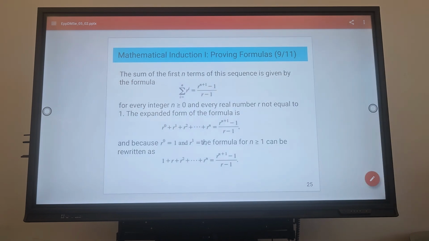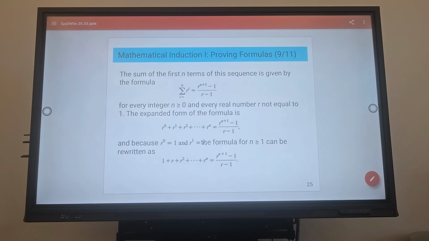The sum of the first n terms of the sequence is given by the formula here. The summation is equal to (r to the n+1 minus 1) over (r minus 1) for every integer n greater than or equal to 0 and every real number r not equal to 1.